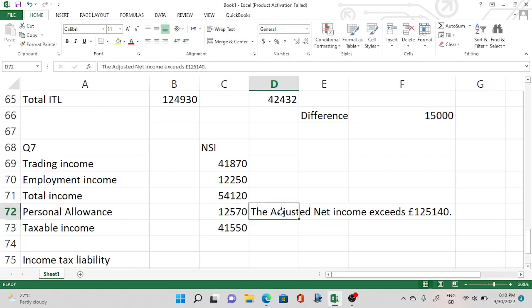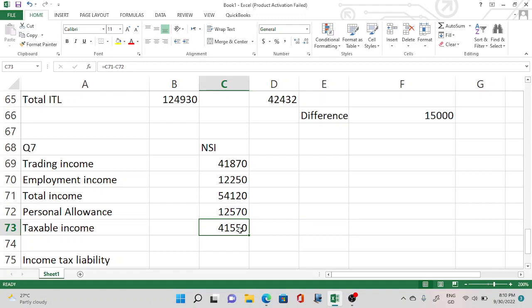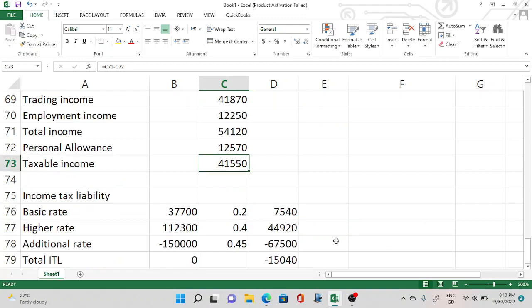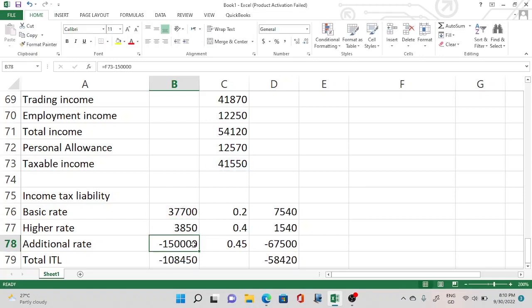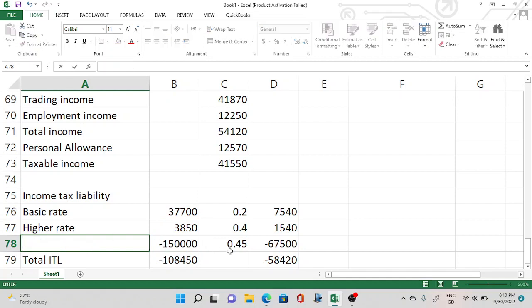Okay. Then this is the taxable income. So 37,700 would remain here. 41,550 into 40%, there will be no additional rate.